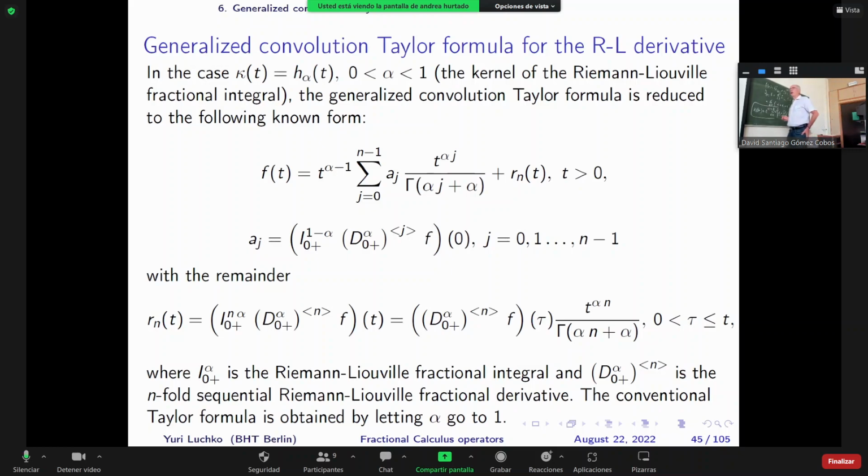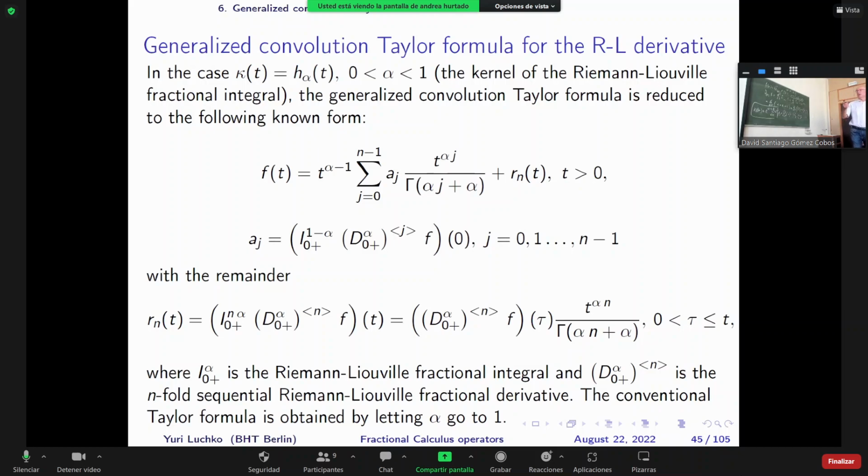In fact, some years ago, in fact many years ago already, there were some publications devoted to the versions of the Taylor formula for the fractional derivatives, and formulas of this kind were derived already.